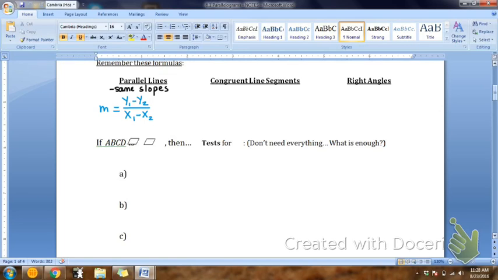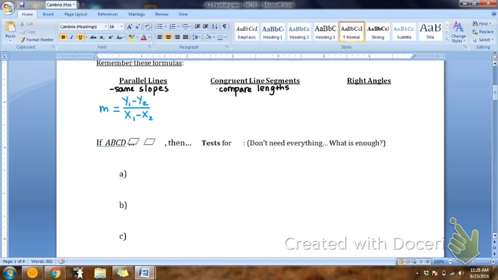Okay, and what if 2 lines are congruent? Do you remember how we figured out if 2 lines were congruent? What did we compare? Not their slopes. The sides, we compared the sides, and how did we know how long the sides were? We compared the lengths. How do you find the length of a line?